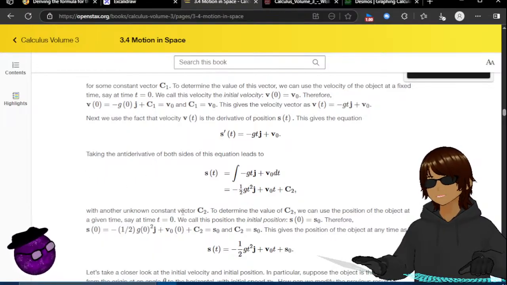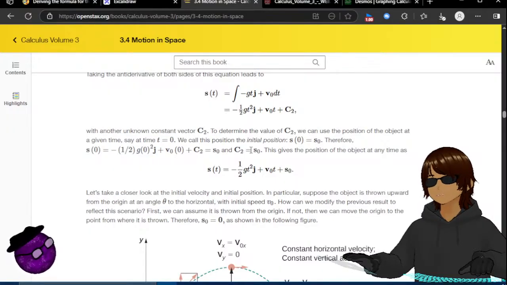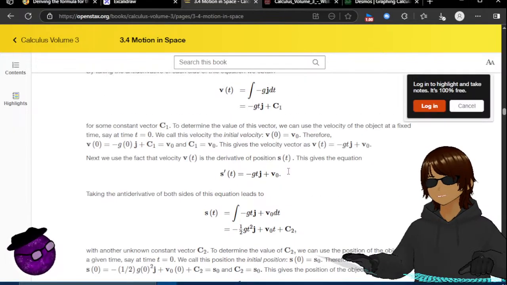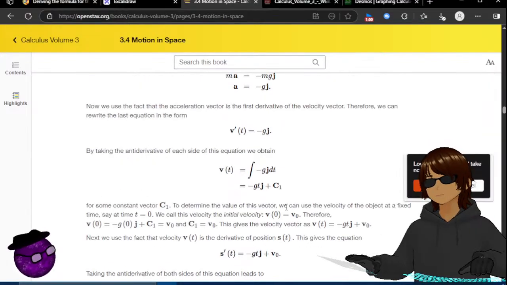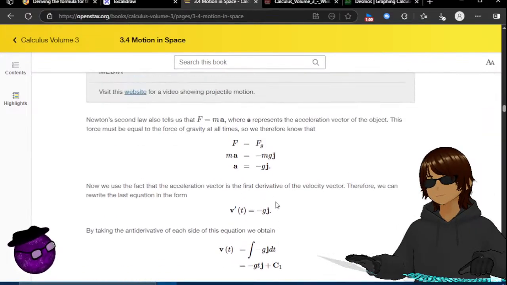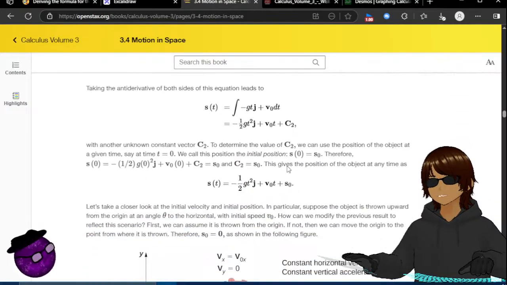Now we have another unknown constant vector c2, and we will use s0 to determine that. So c2 is equal to s0. So s(t) is minus gt square plus initial velocity t plus initial position. S is the position, right?